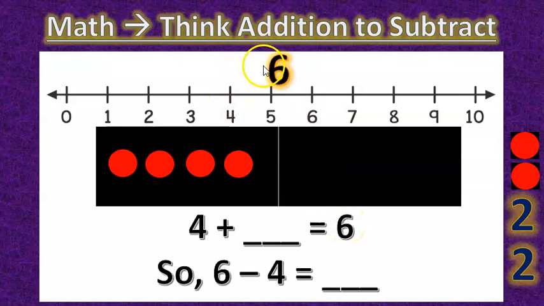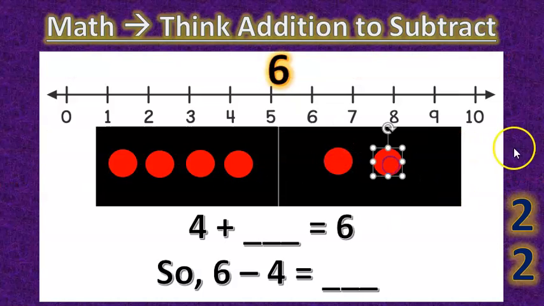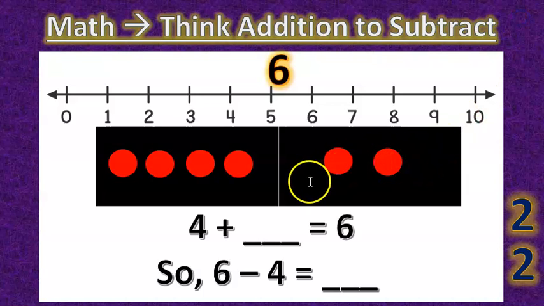Let's count. 1, 2. So boys and girls, how many red circles do we put in here? 2. Good job. So let's get 2 red circles and let's insert them in this side of the rectangle. Now there you go, we have 2. Now boys and girls, we already have 4 circles here. 4 is already here for us.